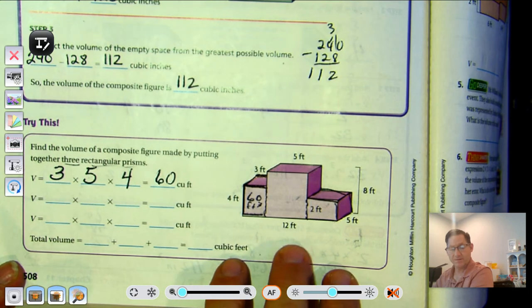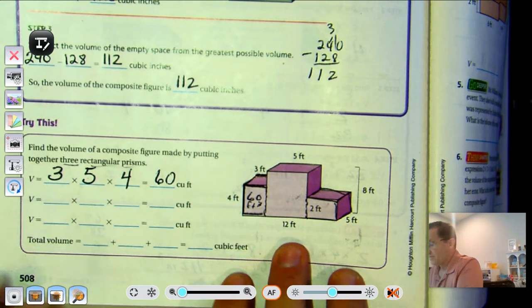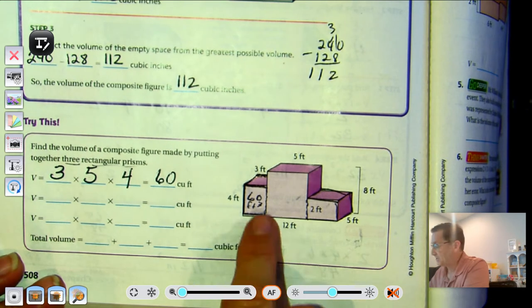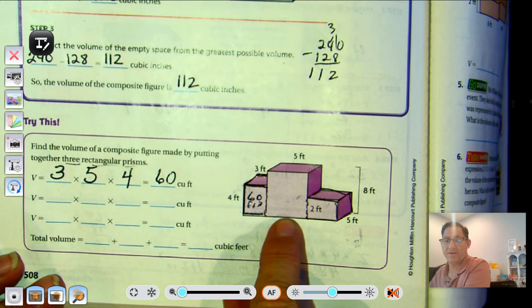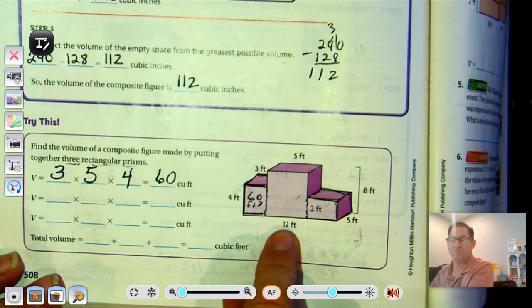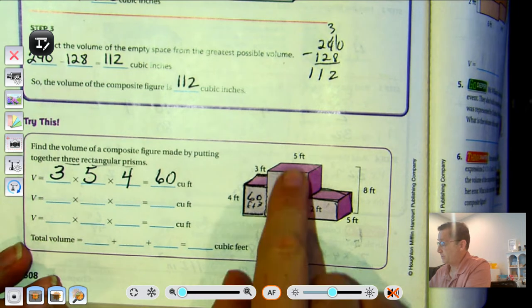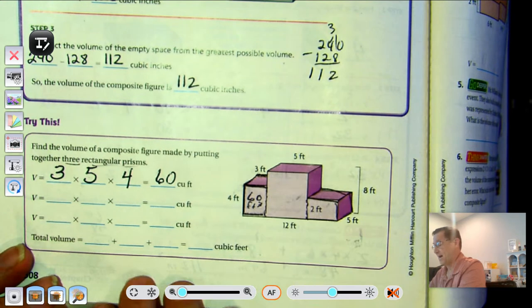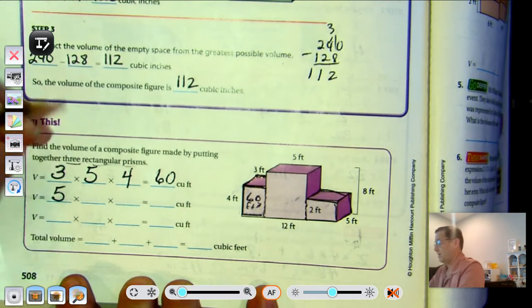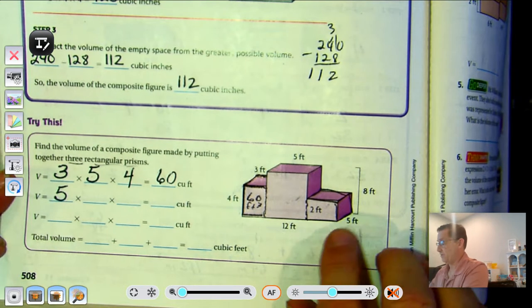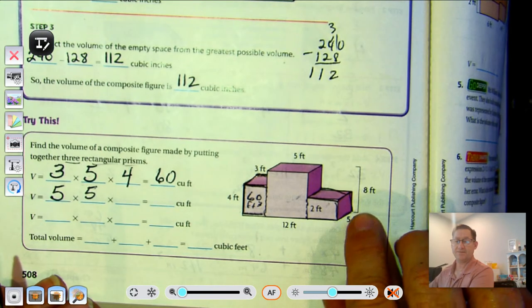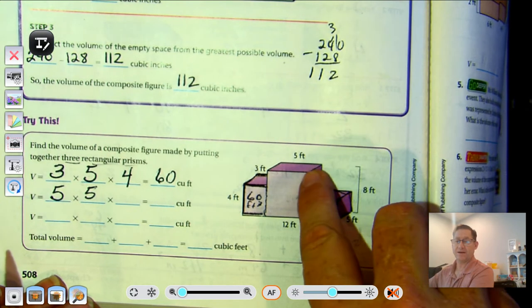Well, the length of the one in the middle, this whole line is 12, not just this little piece. Okay. So we have to figure out what this one would be. Well, actually, we don't have to, because if we look up here, they tell me the length is 5. The width, we already know the width is 5 as well. Because remember, we said if this is 5, this has to be 5.